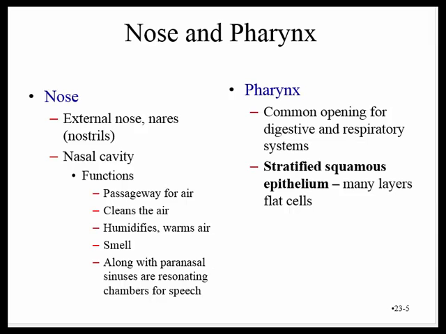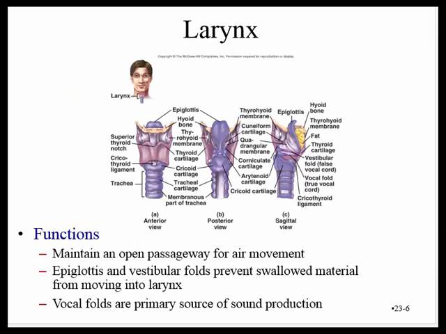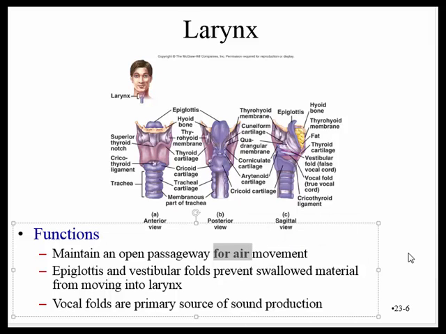If we keep moving, the next structure that air would move into is the larynx. This picture is slightly different than what you have in your notes packet, but we can see the same type of information. Basically, the larynx is just an open passageway for air, and that's it.